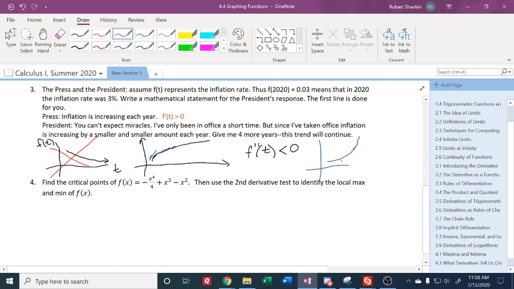We're not increasing inflation by a higher and higher rate every year. So the concavity makes a really big difference in future projections. And so that's what the president retorts back with, the long-term trend.